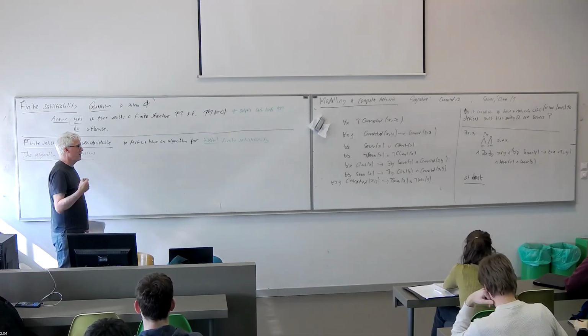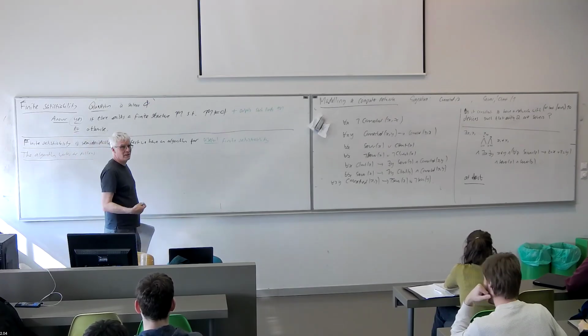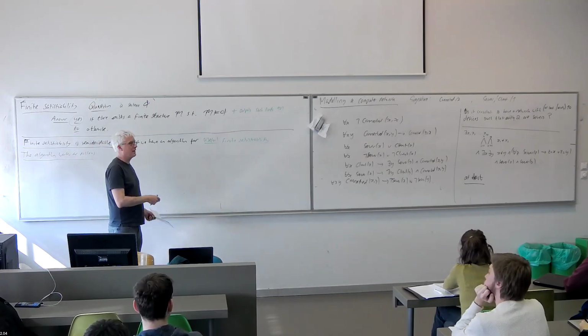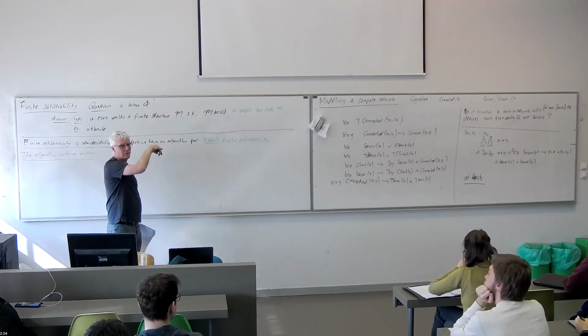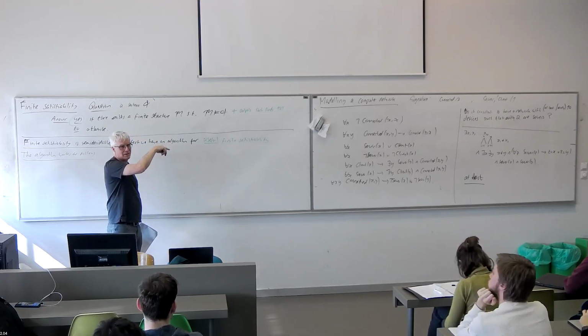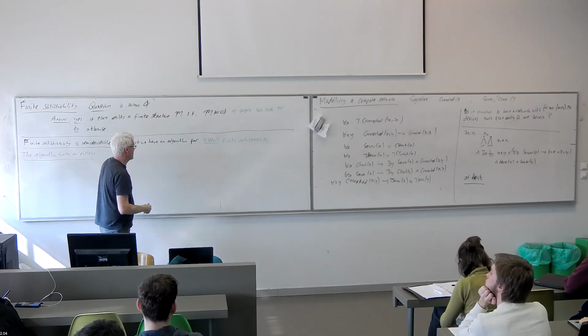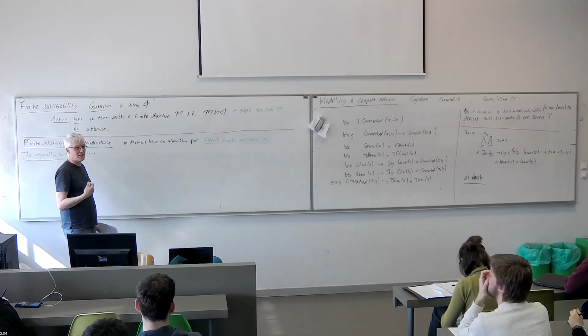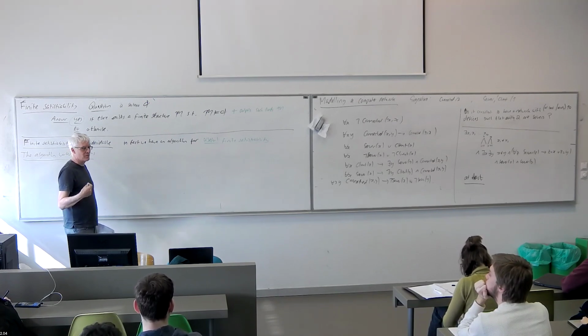Normally you require the set M to be non-empty, so we look first at structures of size 1, and there'll be a finite number of non-isomorphic structures of size 1, and we consider all of those.